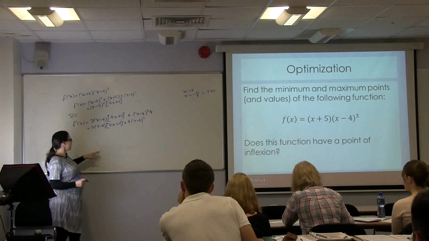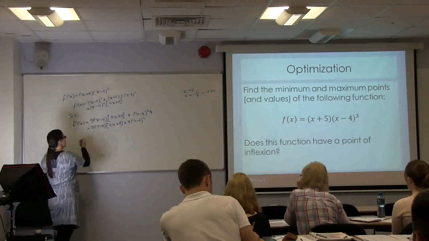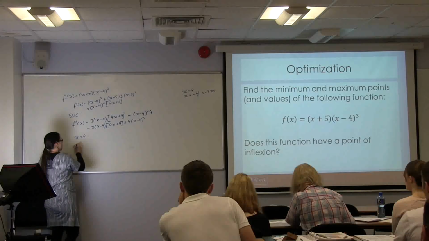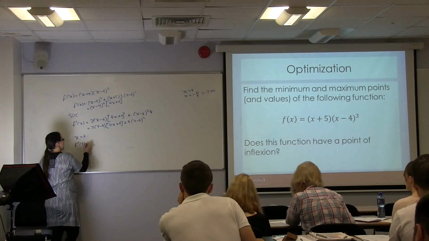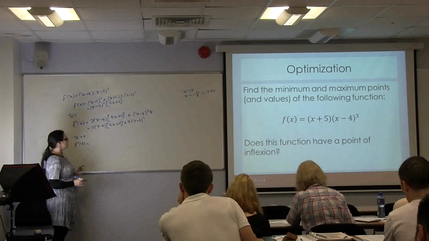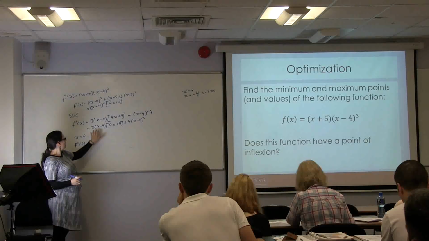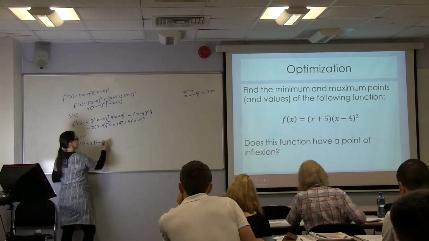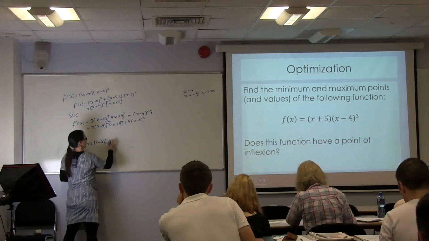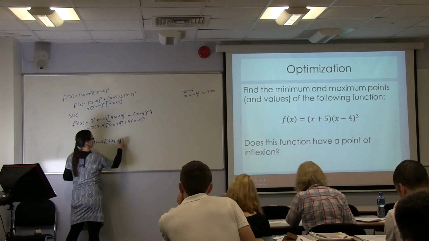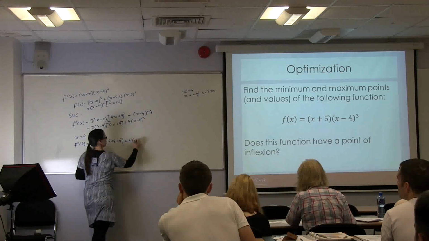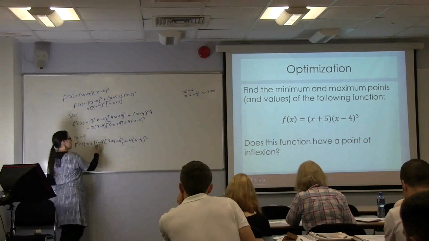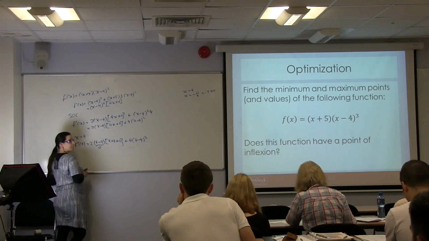And now I need to check for those 2 points. So x equals 4. The second order derivative at this point is going to be what? This term is what? 0.